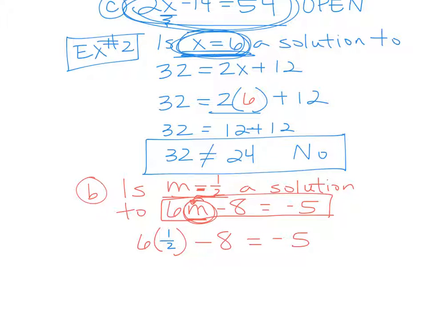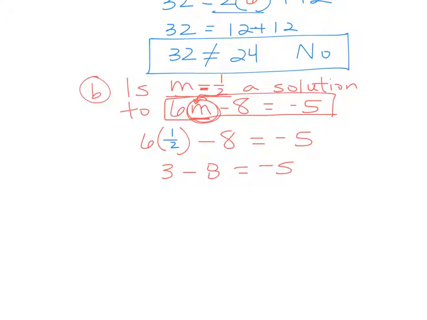Now you simplify. So what's 6 times 1/2? Or half of 6? You could do 0.5. Half of 6 would be 3, so it's 3 minus 8 equals -5. What's 3 minus 8? Or 3 plus a -8 is a -5.